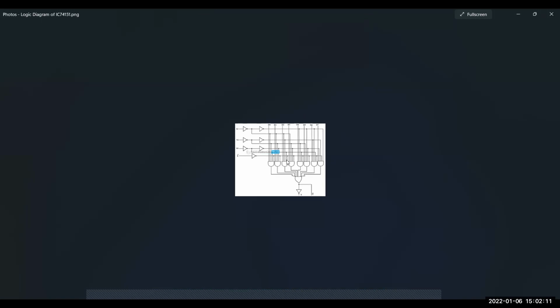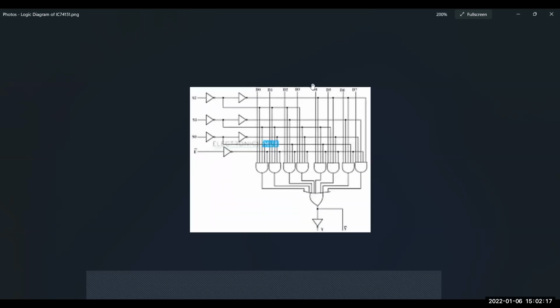Just 1 minute, I am trying to zoom in on this figure. Here you can see in the output there are Y and Y bar. I think you are getting Y and Y bar.